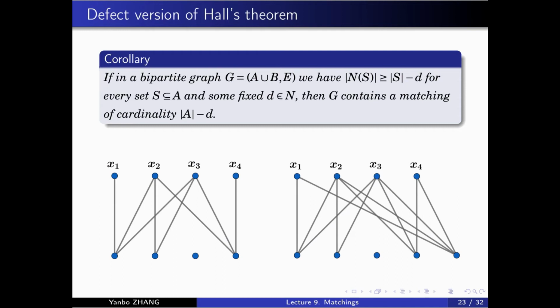We have four corollaries from Hall's theorem. The first corollary gives a so-called defect version of Hall's theorem.